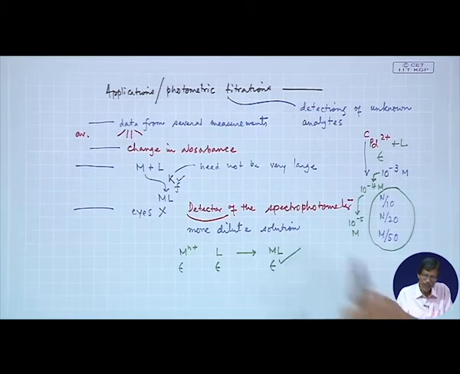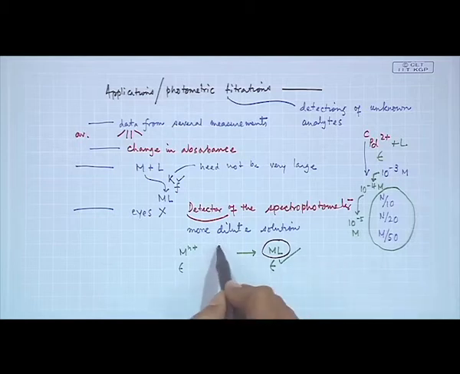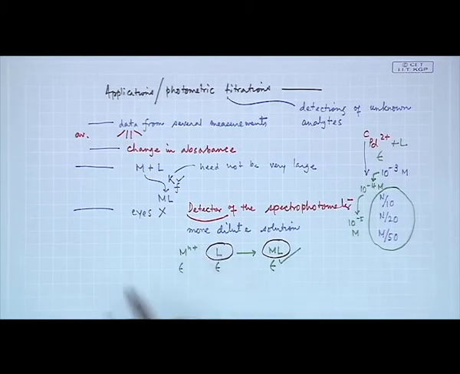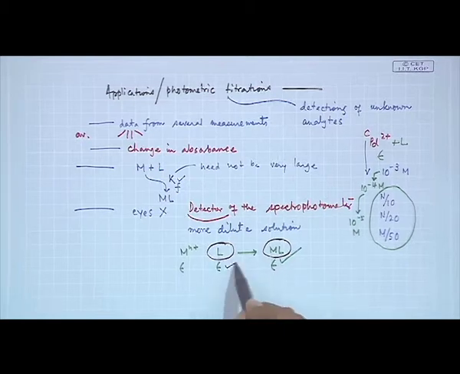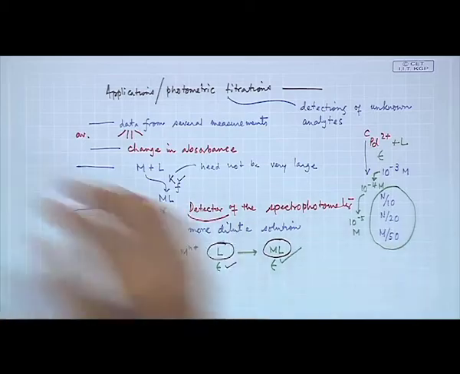So, any one can be very high. Any one can be very high means that we can monitor these as the product, that means the product epsilon will be useful. But in some cases this reagent, the chromophoric reagent or the ligand, can be useful, that means this value is high, or sometimes this can be very high, such that it can give rise to the decrease in the corresponding absorbance values.